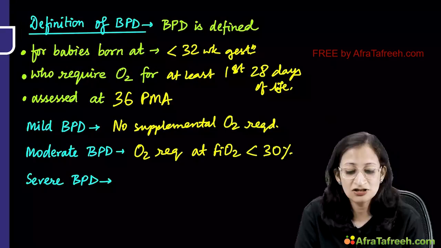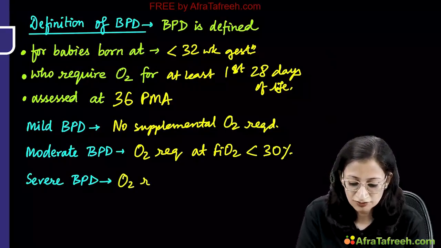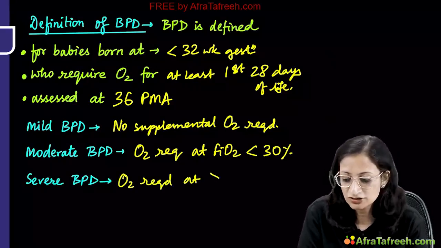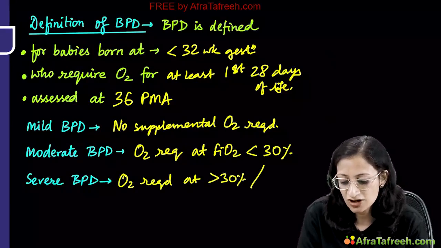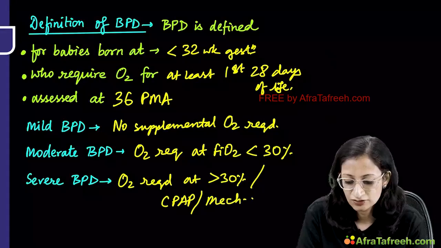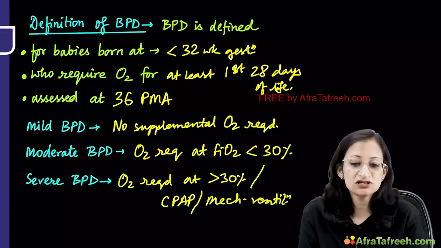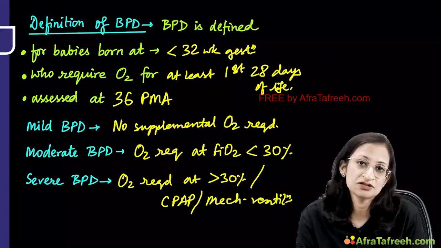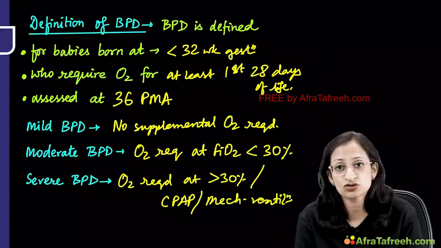And severe BPD where oxygen is required at more than 30% or there is requirement of CPAP or mechanical ventilation. On X-ray you can see cystic shadows in the lungs of these babies. Heterogeneous opacities can also be there.